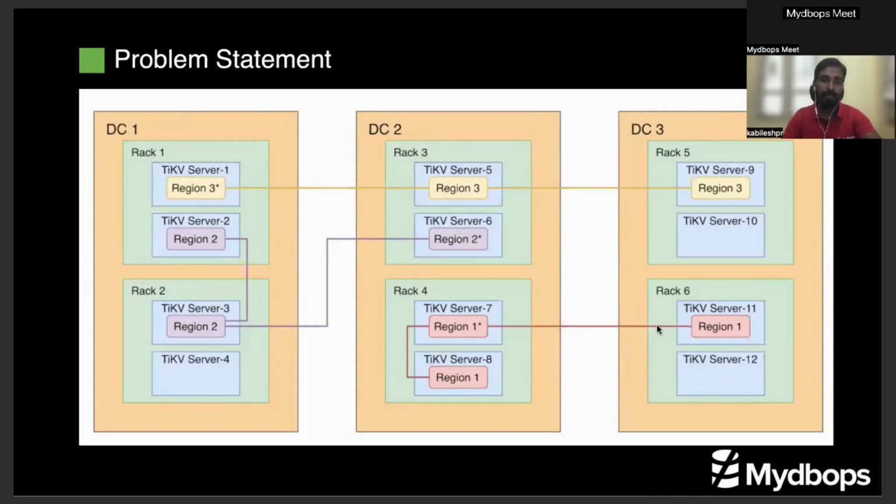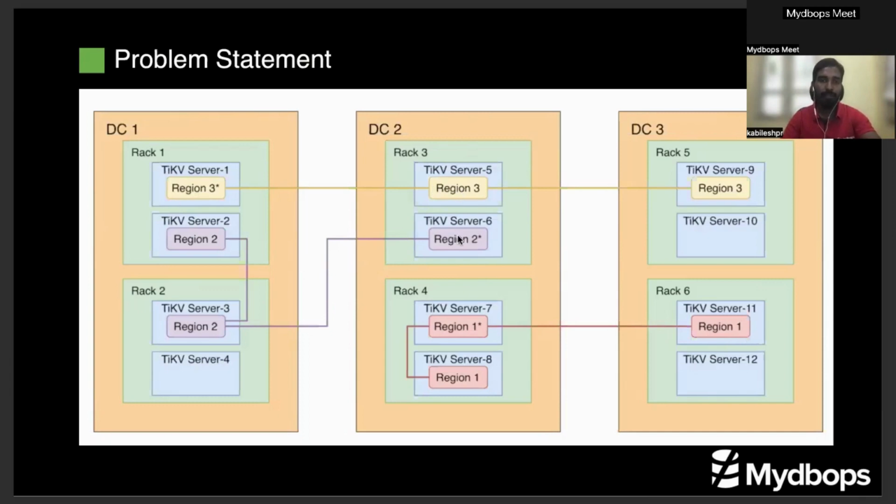The problem statement here is, we have three data centers, DC1, DC2, and DC3. And within the DCs, we have two racks per data center, and regions are distributed among these TiKV nodes within the specific racks.